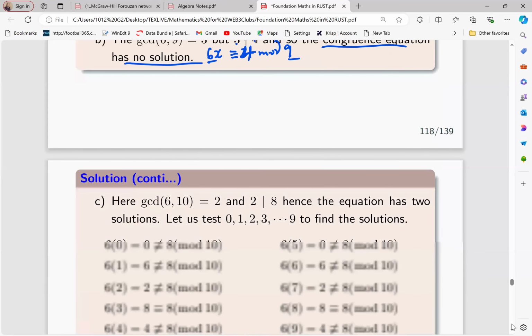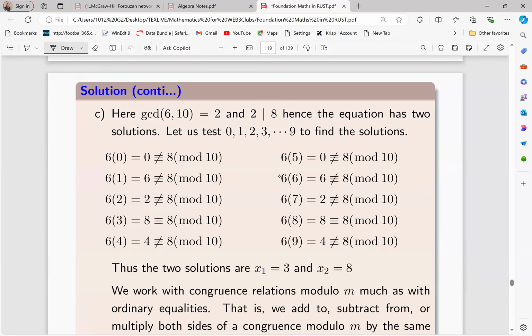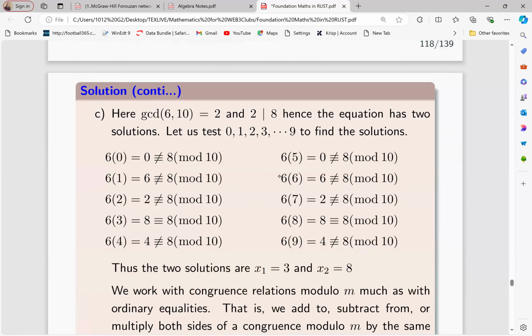Okay, I'll not go through all the examples, I'll just show you. This one was the question 6x is congruent to 8 mod 10. So we want to find the solutions if they exist. First of all, the GCD of 6 and 10 is 2.